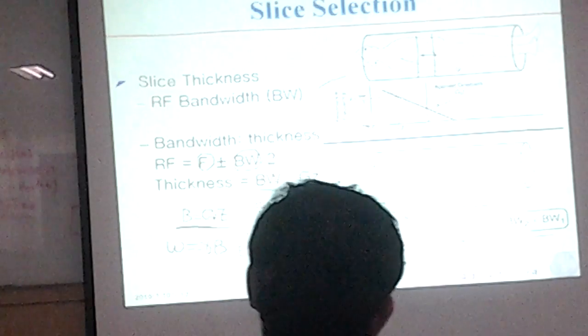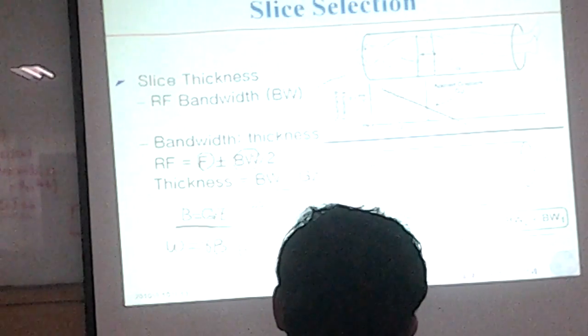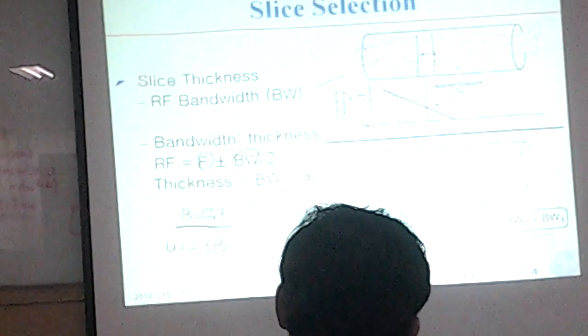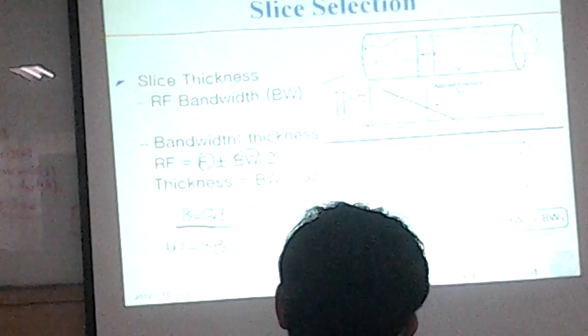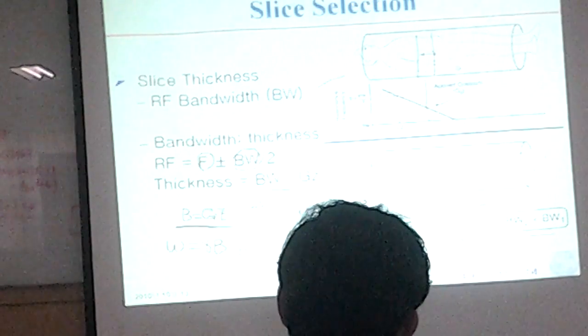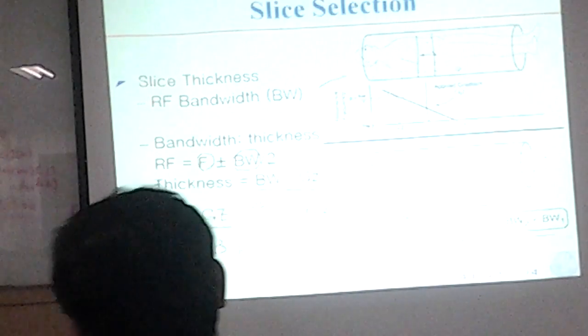Slice thickness. So we can get the MRI image, a sequence of MRI images, and then this slice thickness. So in this one, which side can we see in the image?